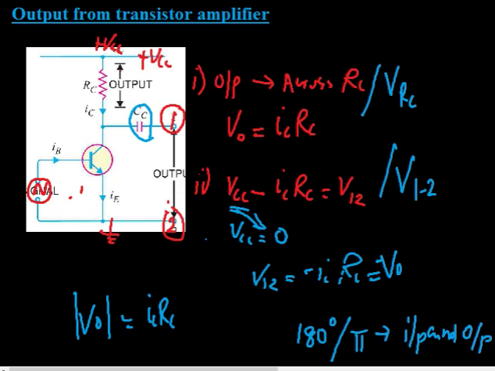In multi-stage amplifiers, we will take output across the terminals 1 and 2. So in most cases, we will have an inverted output, or there is a phase difference of 180 degrees between the input and output. Okay, thank you.